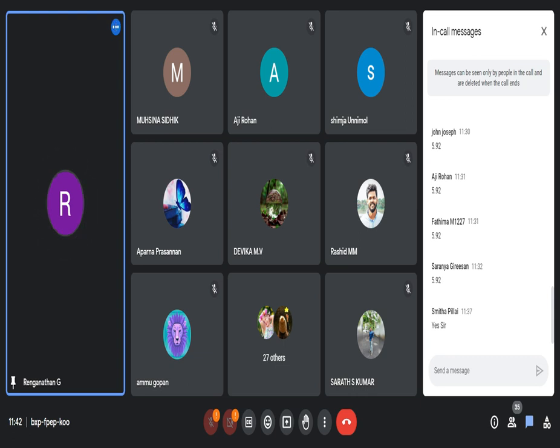But this sample number should be divided into 4 groups: failed candidates, third class, second class, and first class candidates. So the probability ratio is given here.